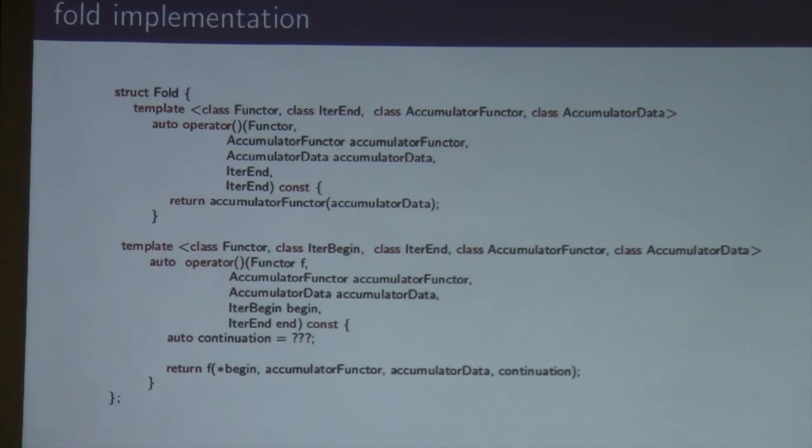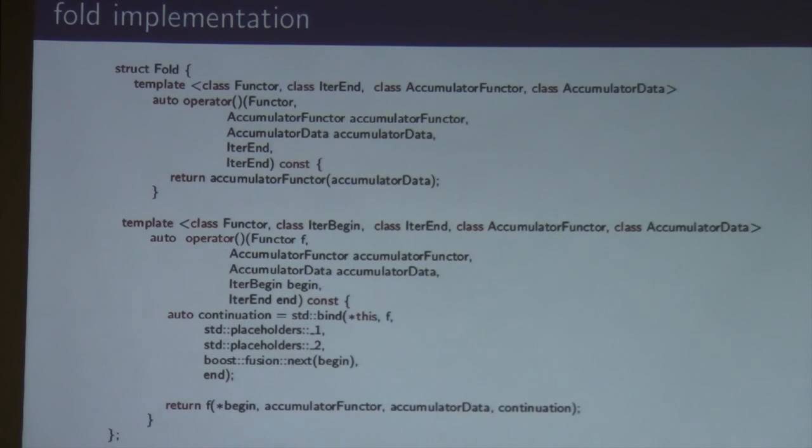This is what's supposed to happen, and this is the way to achieve it. So the continuation is just ourselves with this functor, and we increment the iterator pointing to begin. It looks really creepy, but it really works.